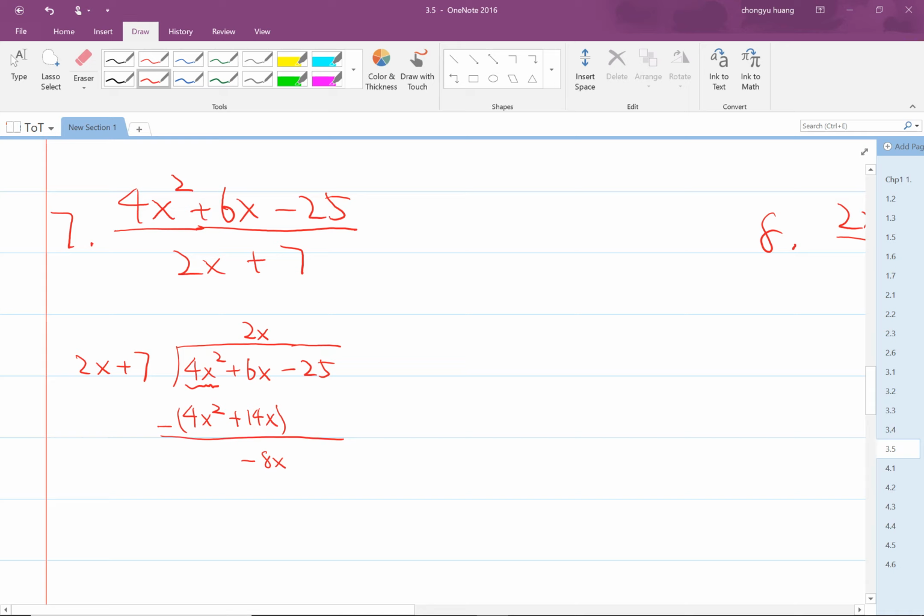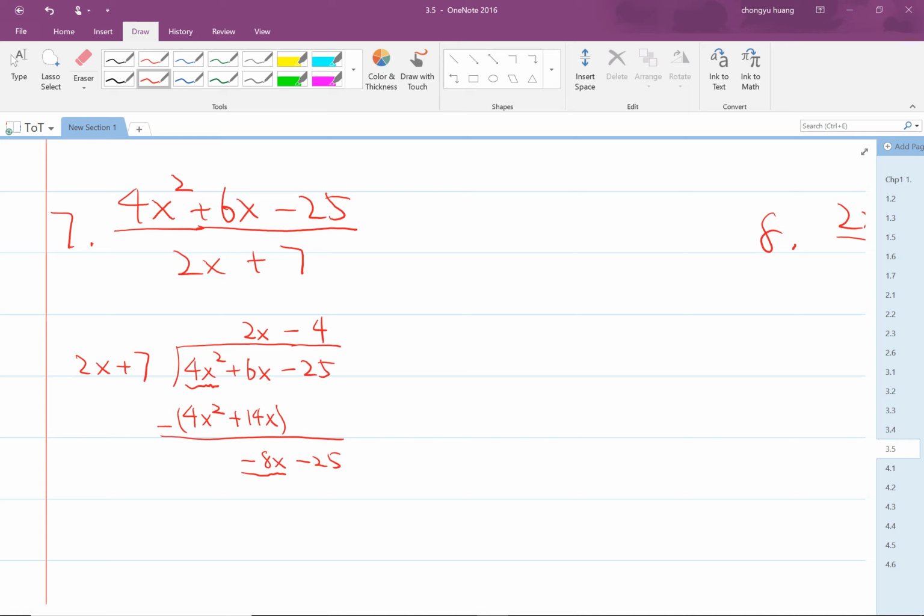So 4x squared minus 4x squared equals 0. 6x minus 14x is going to be negative 8x, right? And then you have minus 25. So right now you want to cancel negative 8x, therefore you have to multiply 2x plus 7 by negative 4, right?